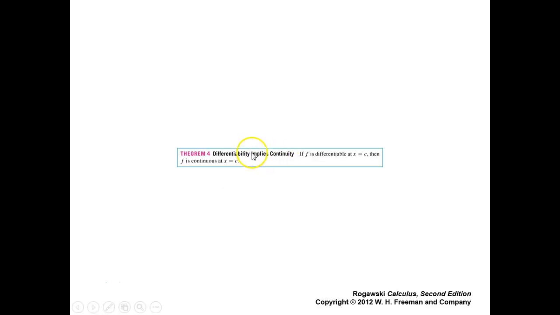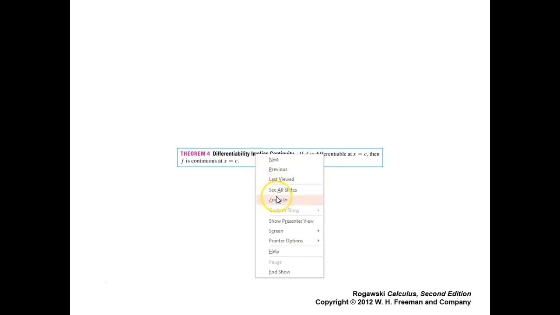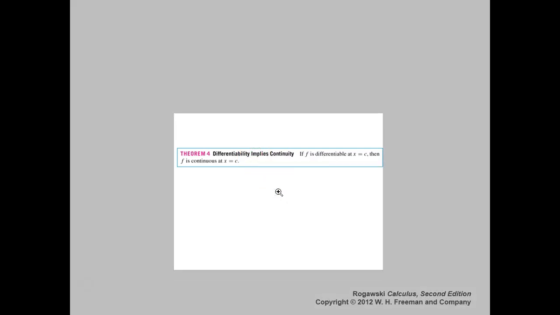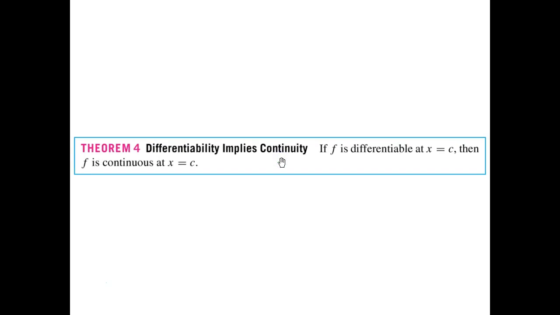So that leads to theorem 4. Only in your book it's theorem 6, because the new edition had 2 theorems before 1 on this one. Okay. Now this almost feels like a jump discontinuity too.